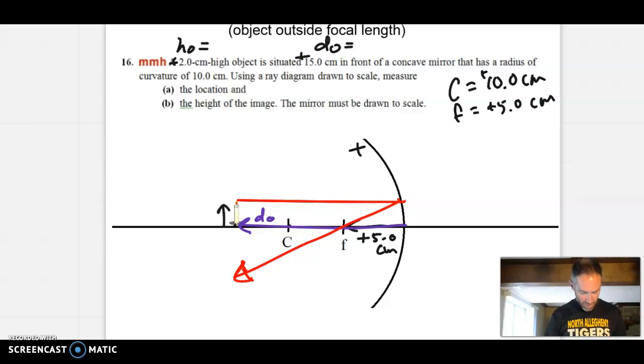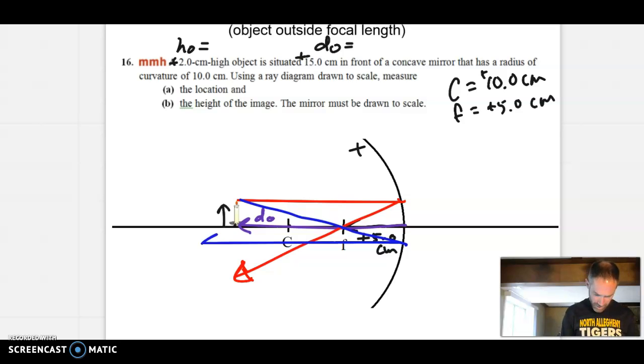This time, look, I can actually get through the focal point, hit the mirror, and now reflect out parallel. I'm trying to do a very good job lining it up parallel. There it goes. That's going to go parallel like that.